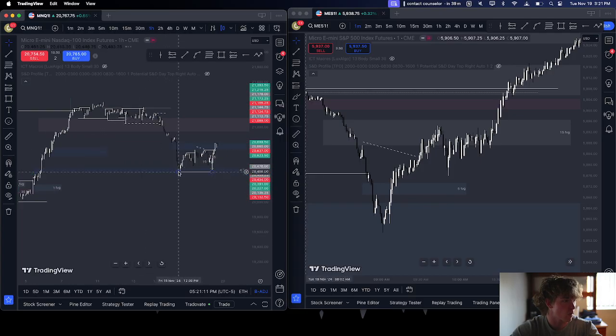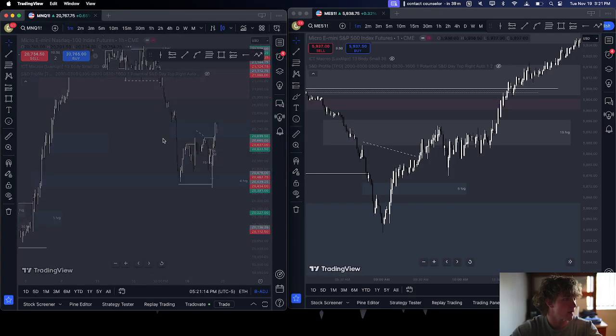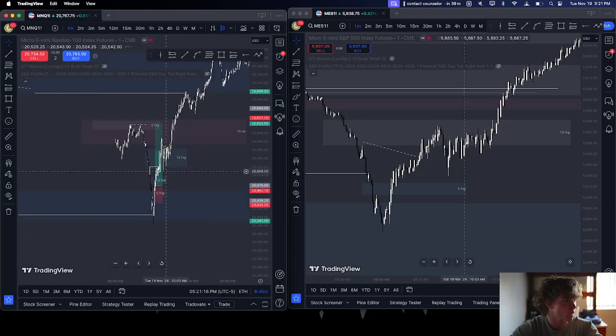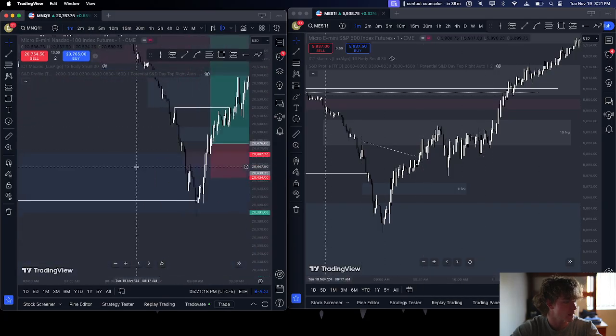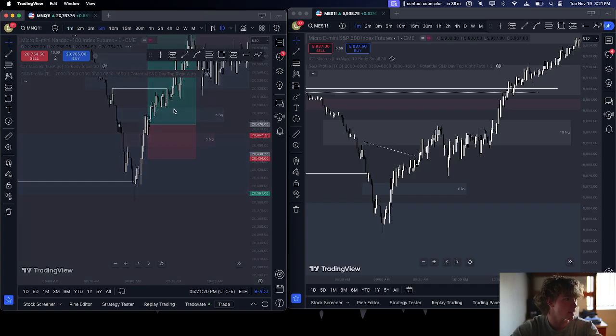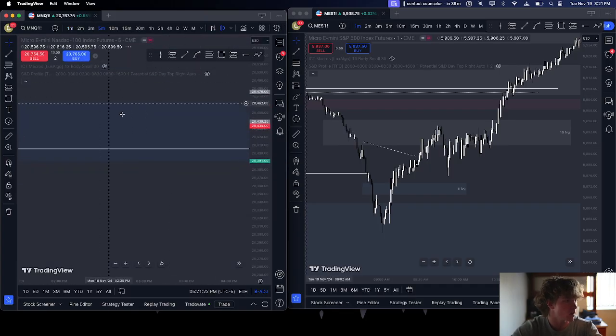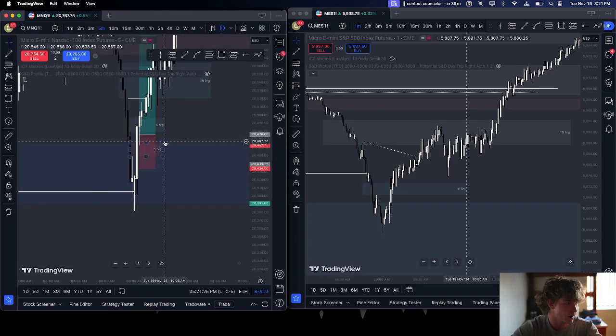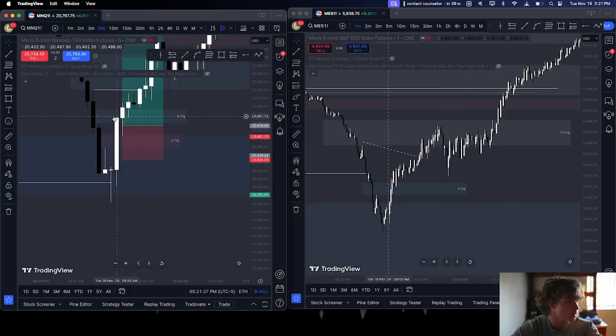We're in the 4-hour. We swept this liquidity, and then we reject this 5-minute imbalance. That tells me, okay, on that close, I'm looking for an entry long on this close, even though we're in this 5-minute fair value gap.